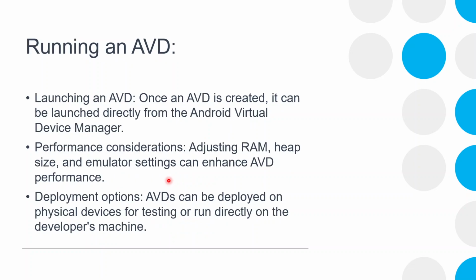So how can we run an AVD? We are discussing this slide. Once an AVD is created, it can be launched directly from the Android Virtual Device Manager. For performance consideration, adjusting RAM, heap sizes, and emulator settings can enhance AVD performance. For deployment, AVDs can also be deployed on physical devices for testing, and run directly on the developer machine.